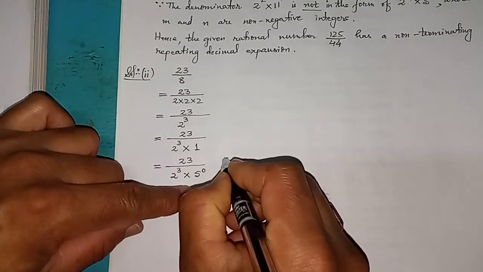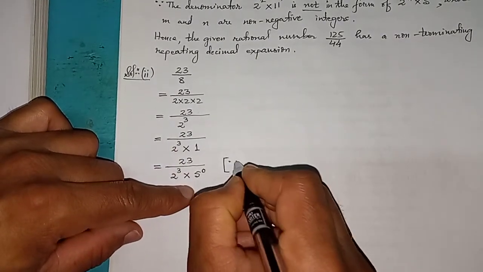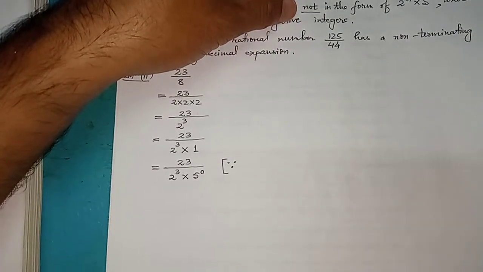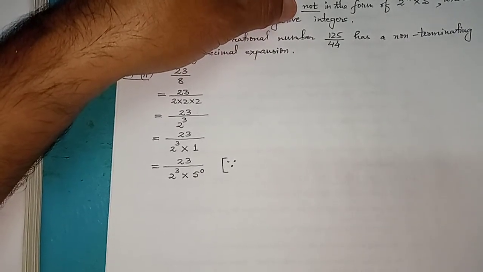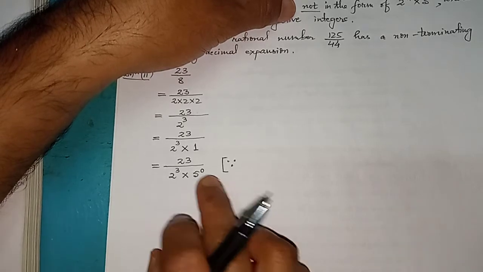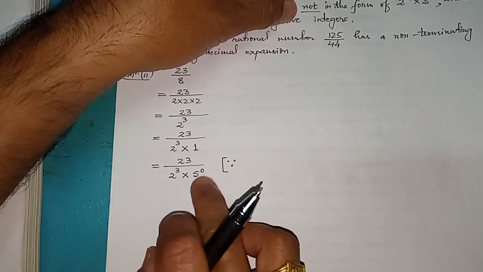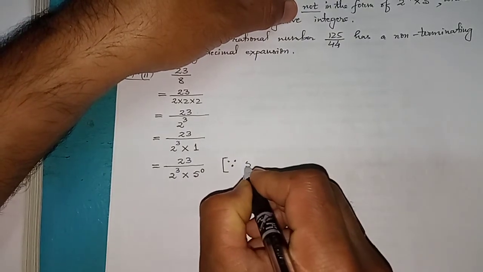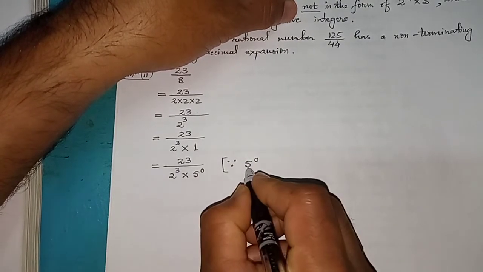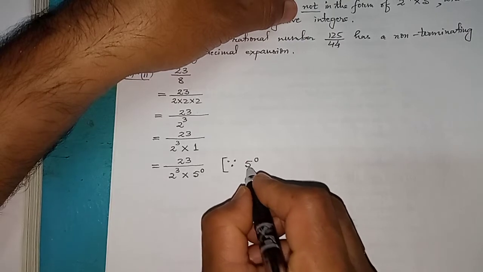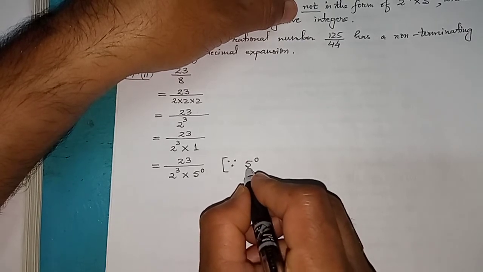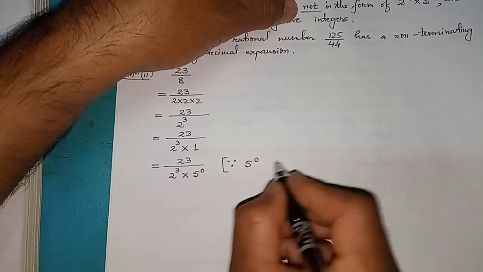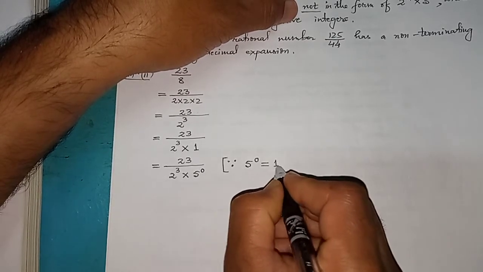But you should question me, or question yourself also, if you are very eager to know how come 1 has been replaced by 5 to power 0. Then the answer is here, because we know the rule that any number, not only 5, any number 1, 2, 3, 4, 5, 6, any integer, any rational number whose power is 0, its value is 1.